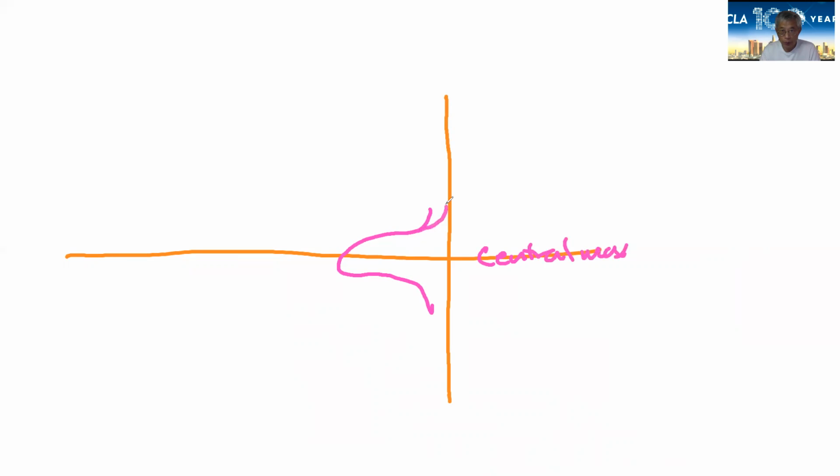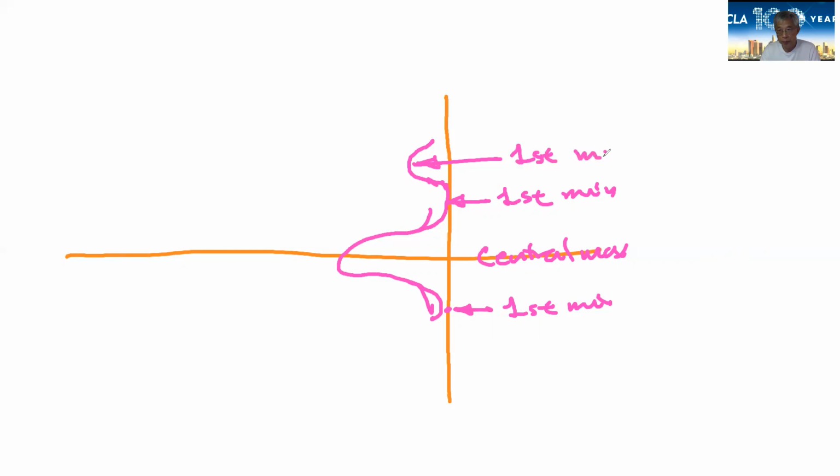Then that will be your first minimum right there, and there are two of them, one on this side and one on the other. Then you have something that has 1/3 of the light not canceled. That's going to be your first maximum, and the same thing on this side.